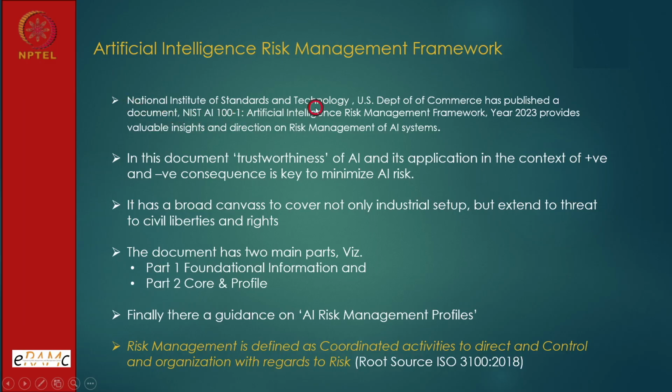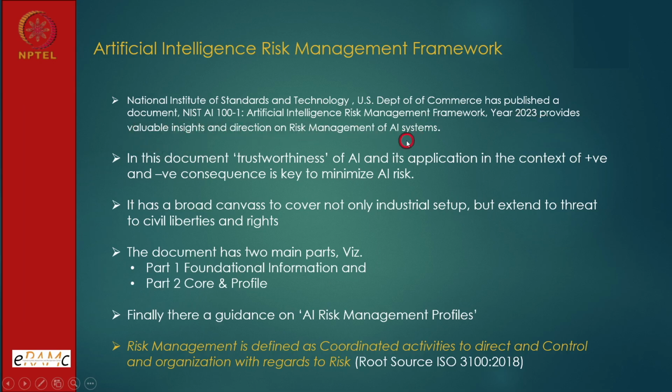The National Institute of Standards and Technology, a body of the US Department of Commerce, has published a document, NIST AI 100-1, Artificial Intelligence Risk Management Framework, a very recent document that provides valuable insight into the risk management of AI systems.